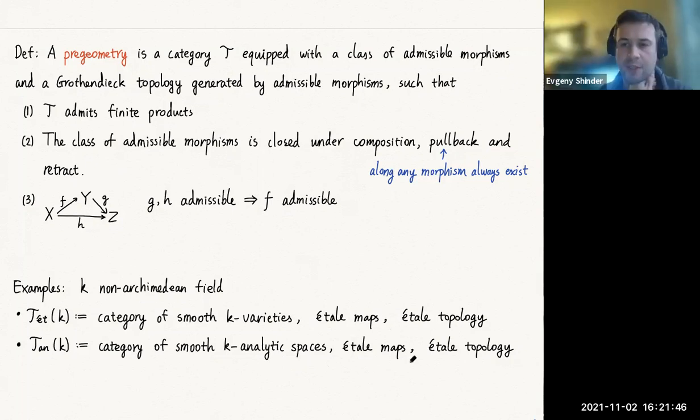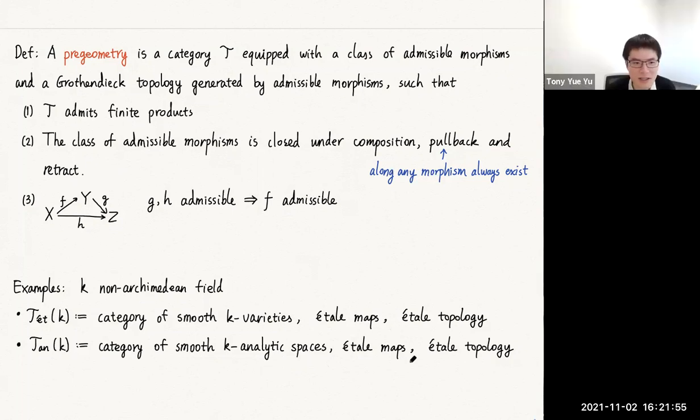Can I ask what is an étale map of analytic spaces? Do you require isomorphism on tangent spaces or something else? Yeah, the definition can be given completely analogous to algebraic geometry.